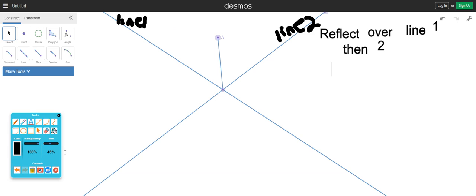I'm going to say step 1, reflect, draw radial. That's like that line from A to point of intersection.